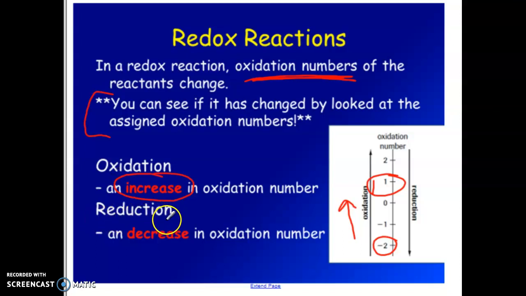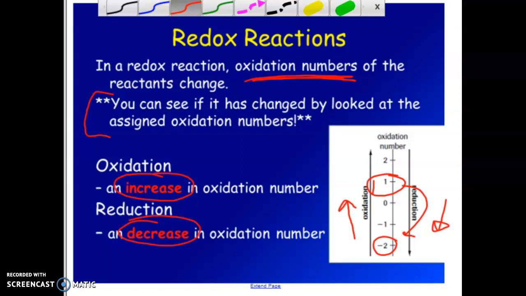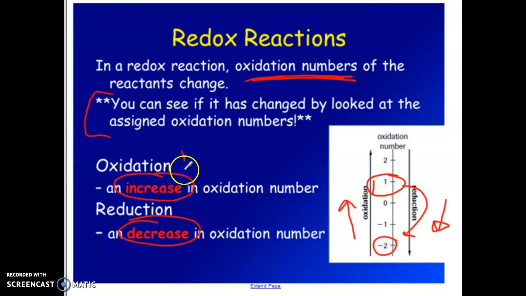A reduction reaction is where the numbers are going down. Okay, so this maybe is the opposite. We went from +1 down to -2. The number is decreasing. So oxidation is where you have electrons being lost.